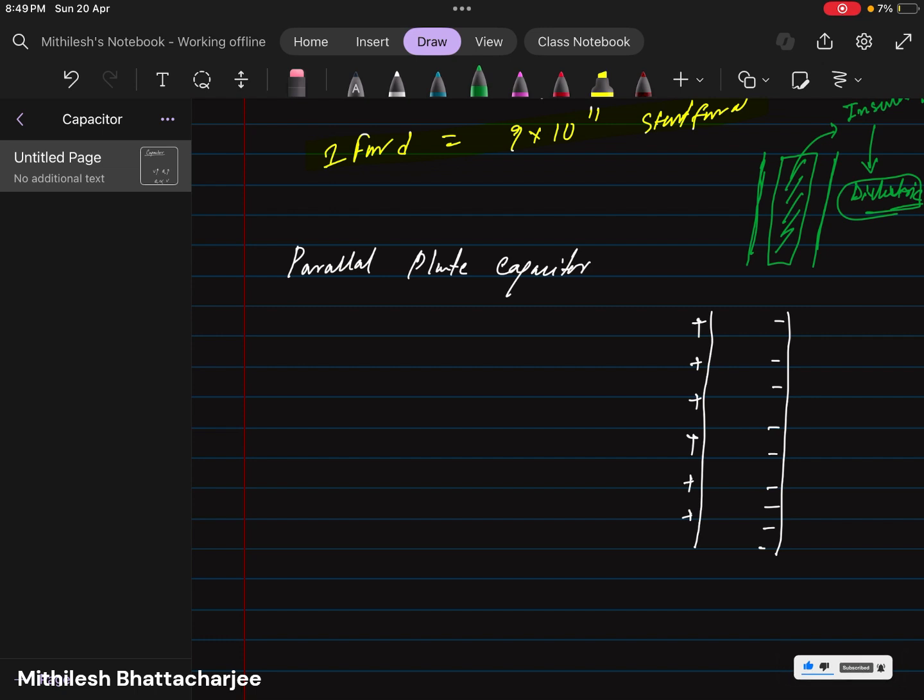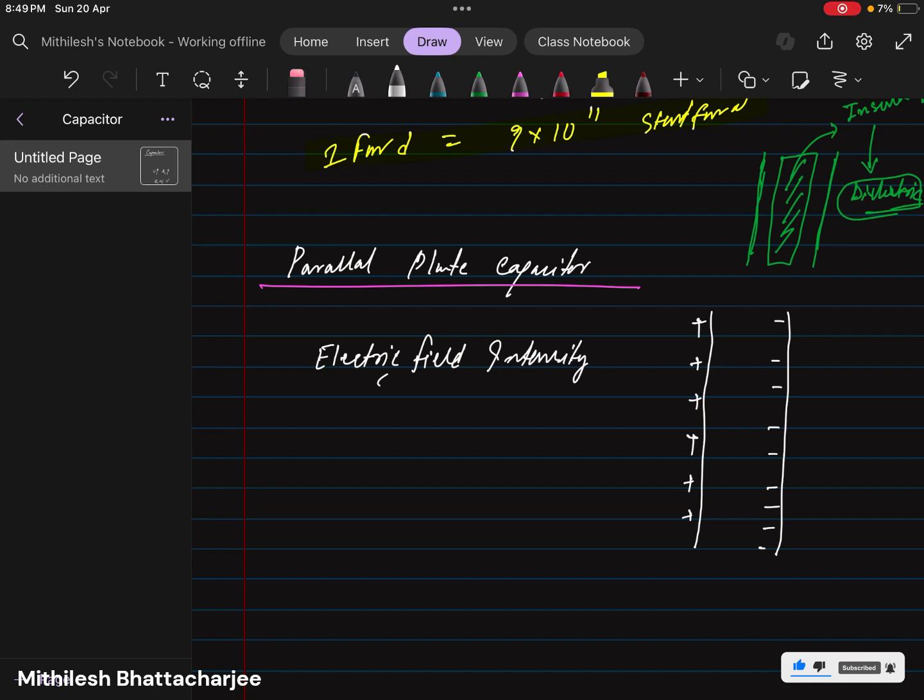The electric field intensity between the two plates will be how much?